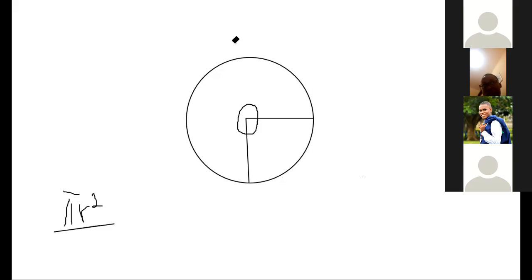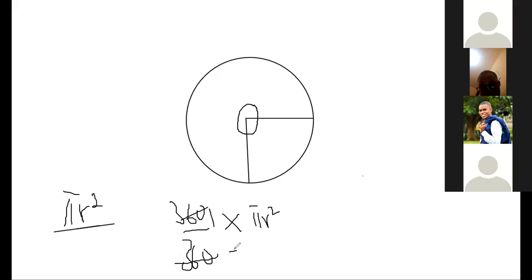And that will give us 360 over 360 times pi r squared. Then we are going to get 1 times pi r squared, which is the same as what? Pi r squared. I hope you get it.